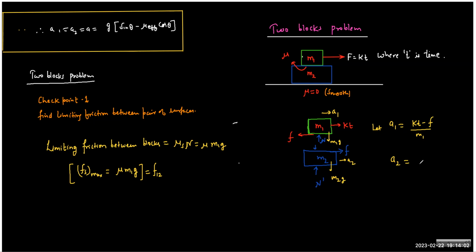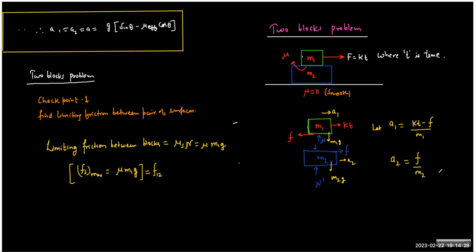What I said, you have no idea about F. You can't take F as some value. F is only F because you have no idea whether it is slipping or not. You have no idea whether the friction has reached the limiting value or not. When you do not know anything, you use a symbol F, and you will write F by M2.